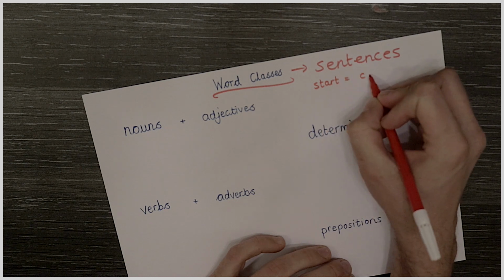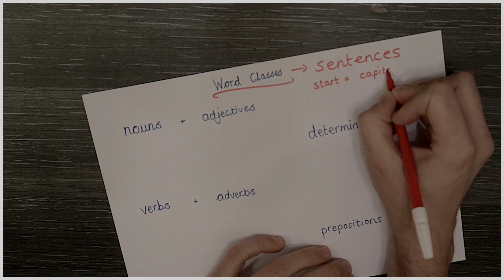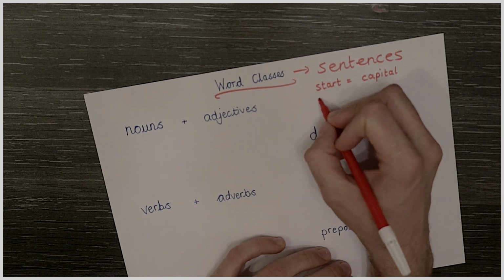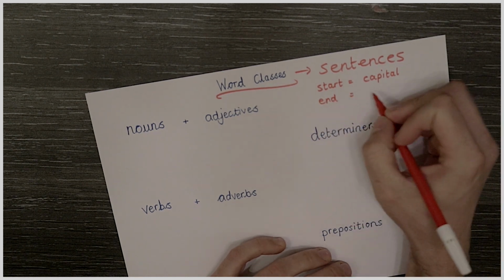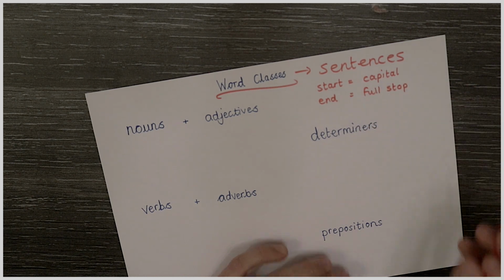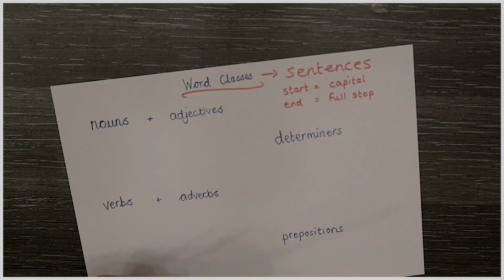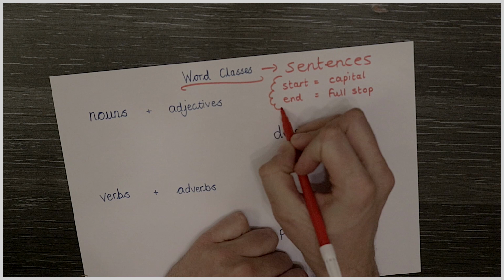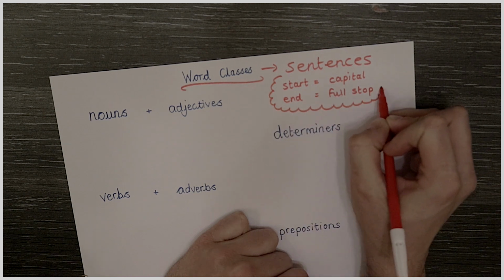We all know that. And they need to end with a punctuation mark. Now, that is most commonly a full stop, but it can be a question mark or an exclamation mark. So we have a bit of choice, and that all depends on what we're doing. So I'm going to just leave those little rules there.